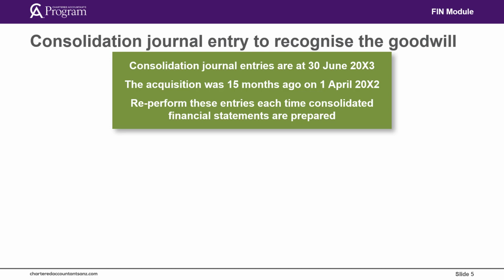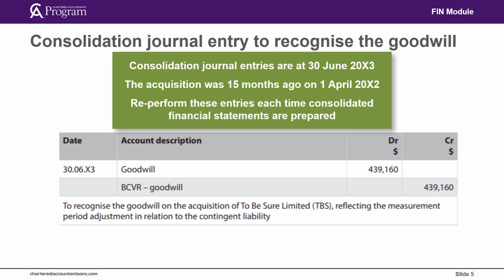The parent and the subsidiary maintain separate general ledgers, but when the consolidation is performed, it may help to think that each company's general ledger trial balance is copied into an Excel spreadsheet. All consolidation journal entries are only recorded in that Excel spreadsheet. Next year, when the next consolidation is performed, entries will need to be repeated, as the company's individual general ledgers are not altered by these consolidated journal entries.